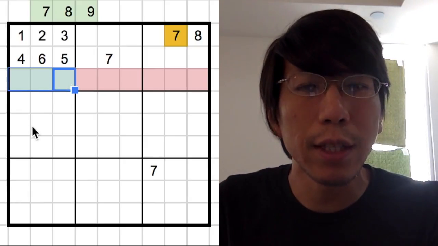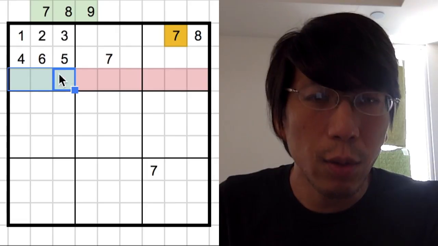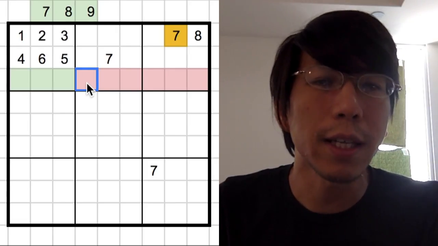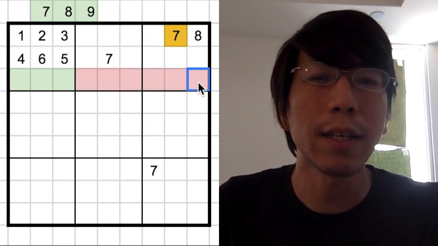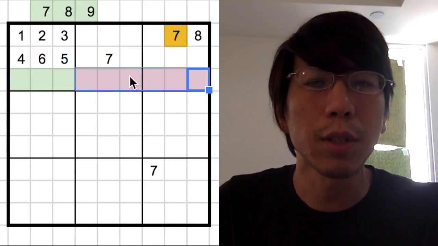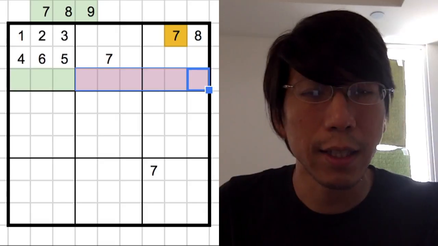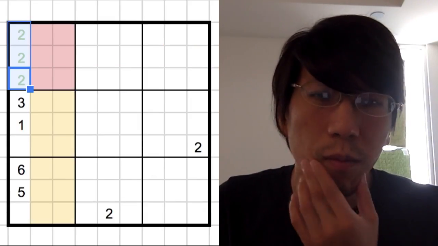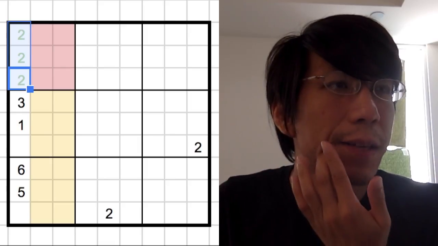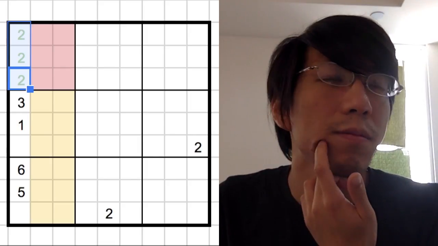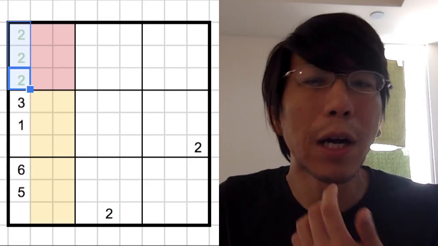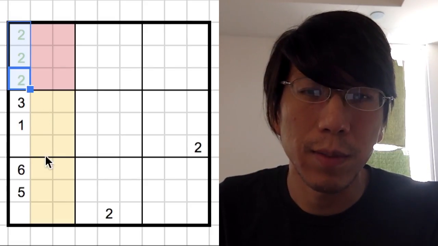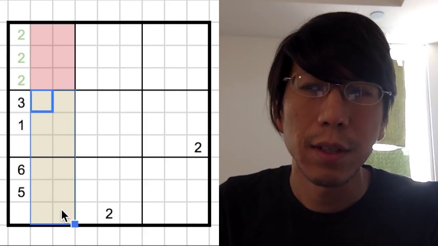Let's recapitulate. Missing row technique: when you have a missing row somewhere, just put those numbers in, and then you know that in the rest of the way you're not going to see any of those numbers, 7, 8, or 9 in this case. And the other technique is maximum occupancy on lines.